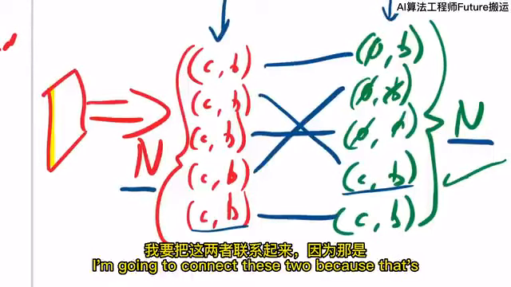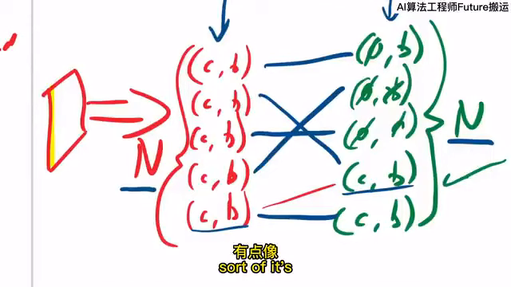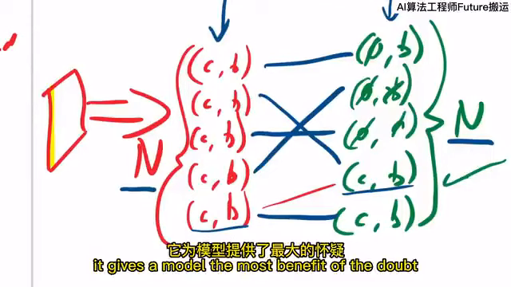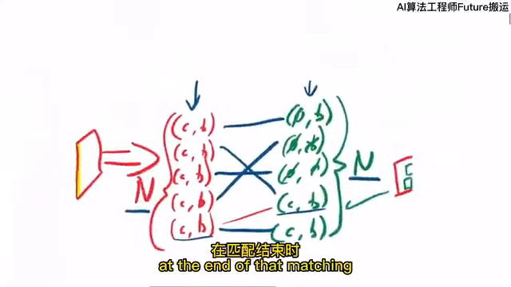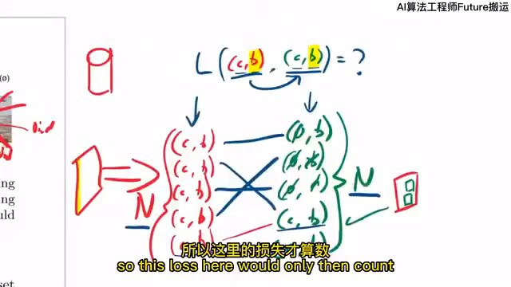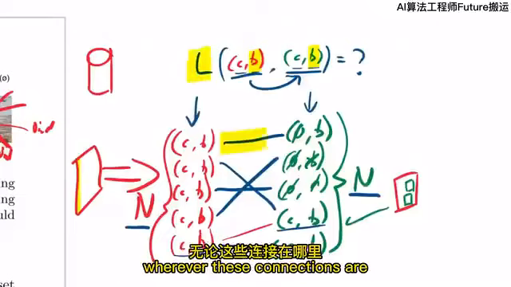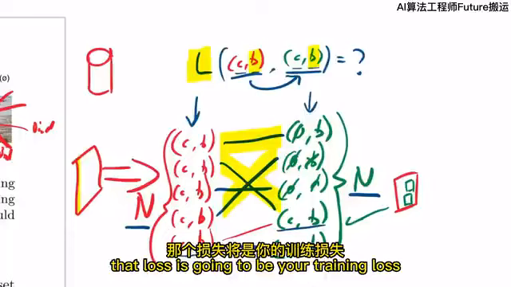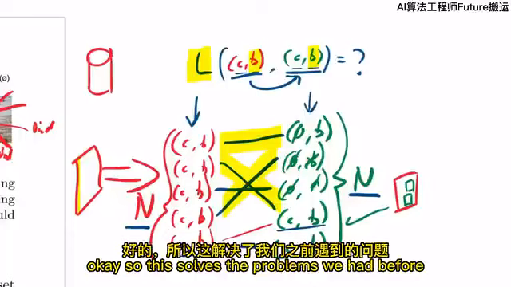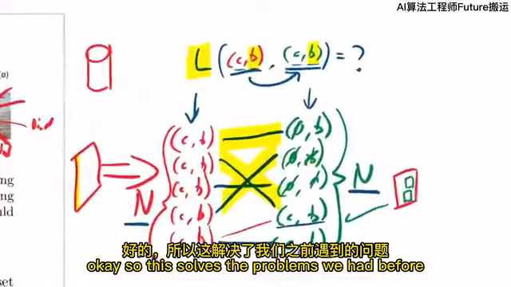So I'm going to connect these two, because that gives the model the most benefit of the doubt. And the loss that you have at the end of that matching would only count wherever these connections are. That loss is going to be your training loss, okay? So this solves the problems we had before.